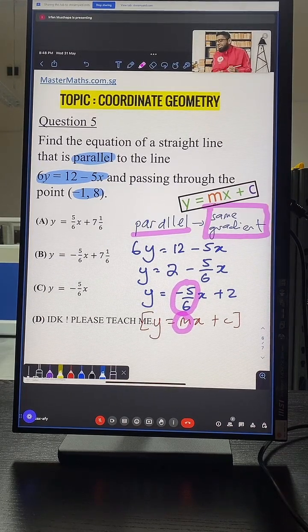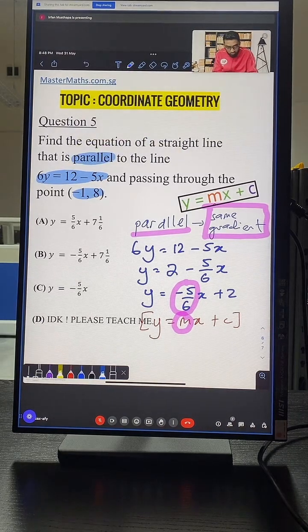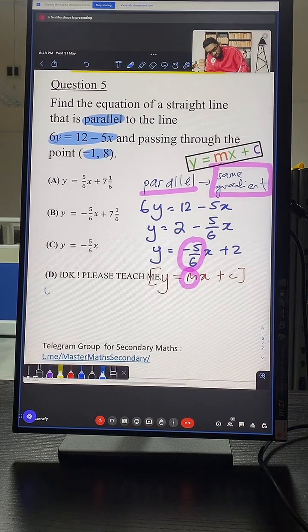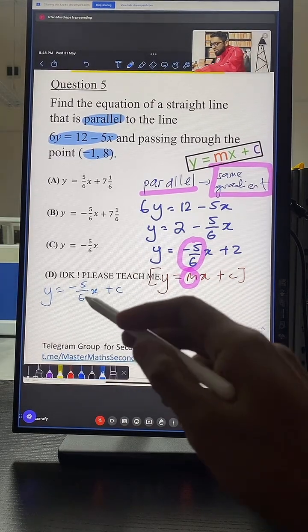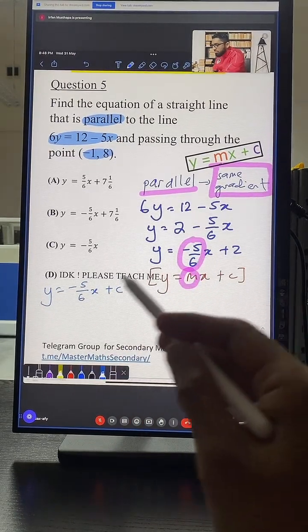So what is the gradient? I know the gradient is negative 5 over 6. So this equation that I'm trying my best to find, the equation of that line, I know that the equation will be y equals negative 5 over 6x plus c. How do I know the gradient? Because remember, the gradient is the same.